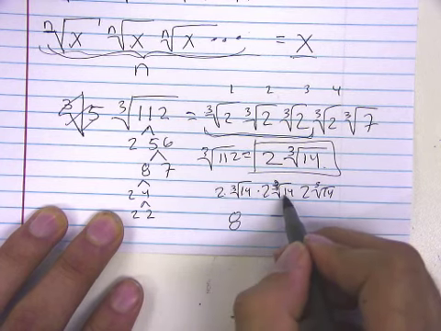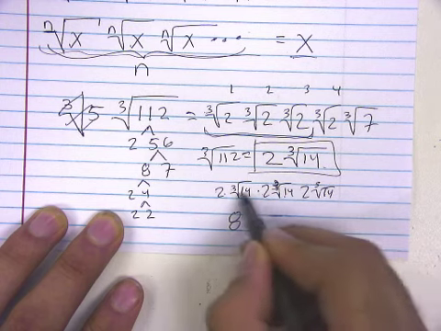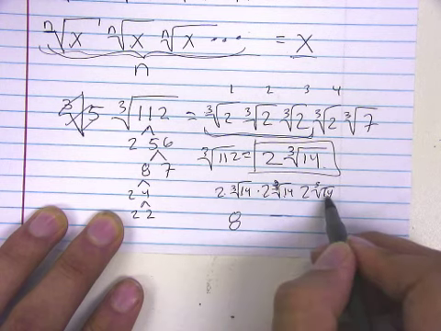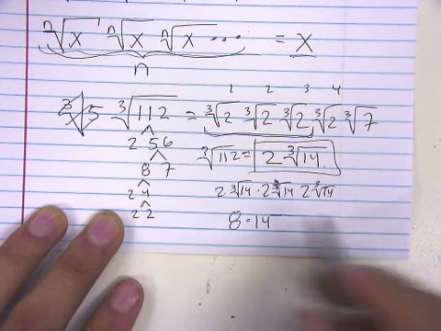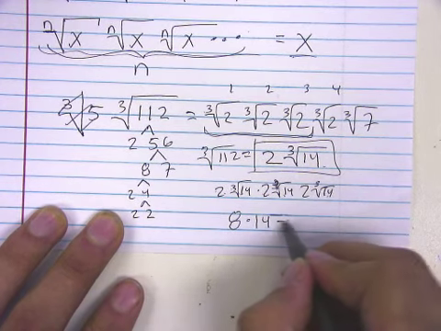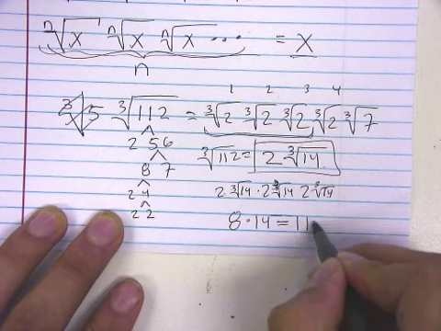Right? Cube root of 14 times the cube root of 14 times the cube root of 14. By definition, those three cube roots multiply together to give us 14. And you can check it real quick. 8 times 14 is in fact exactly 112.